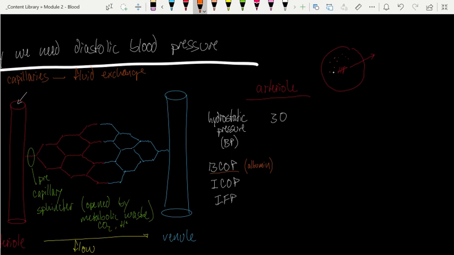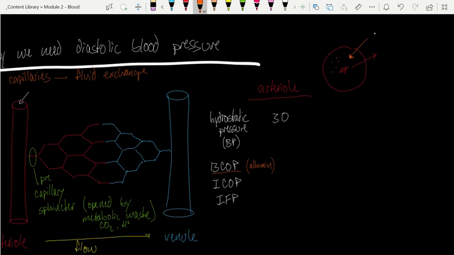And this generates a significant gradient for osmosis. And so BCOP is actually a pressure generated in this direction. And for healthy people under normal conditions, this value is going to be right around 28 millimeters of mercury, a significant force.